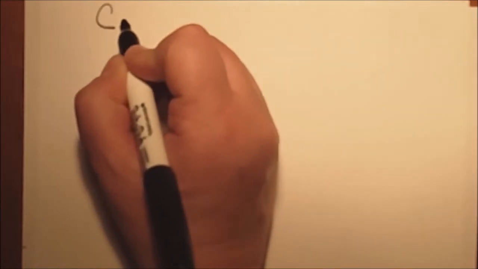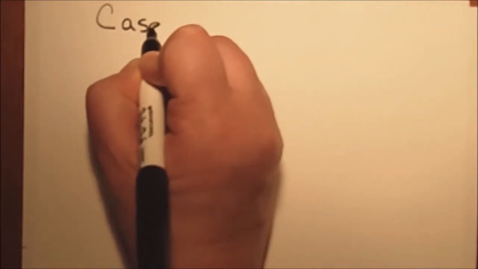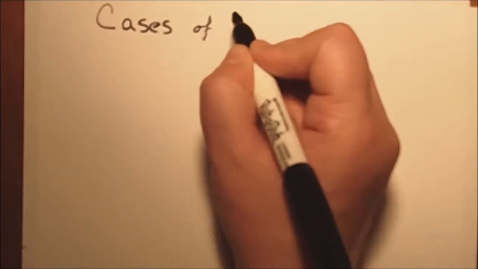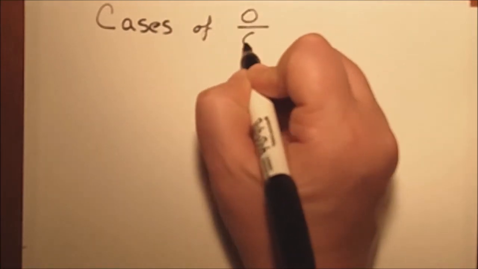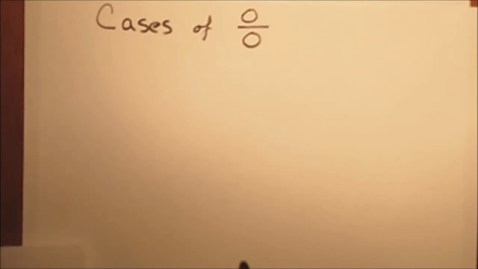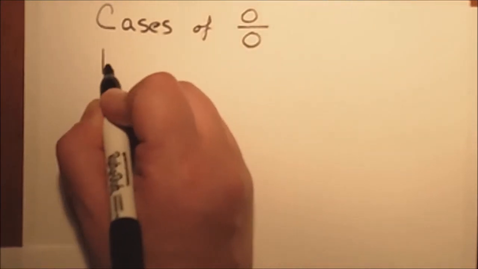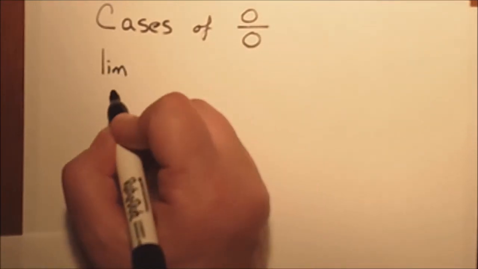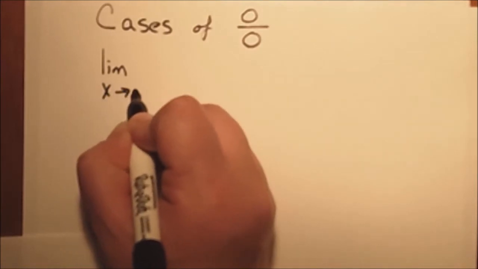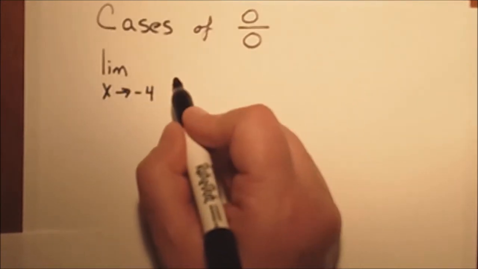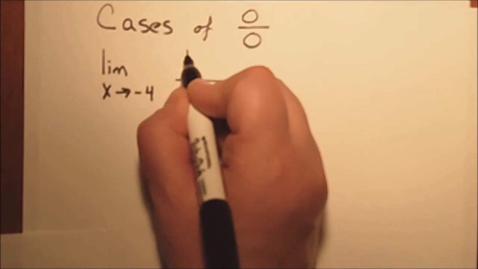Okay, we're going to continue our discussion of finding limits algebraically by looking at more cases of 0 over 0. So first example, let's look at the limit as x approaches -4, and we have a complex fraction.